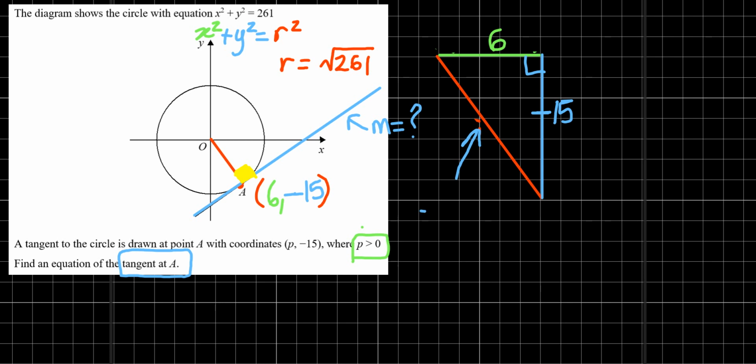So the difference in y is 15 over the difference in x, 6. If we simplify that, 3 goes into 15 five times and 3 goes into 6 twice, so the gradient of this line is minus 5 over 2.